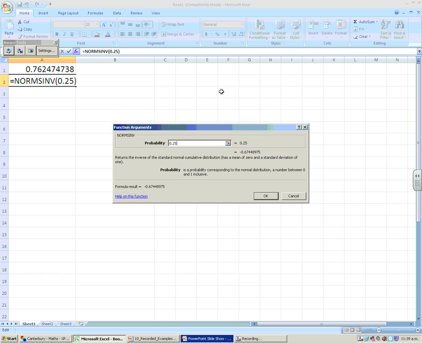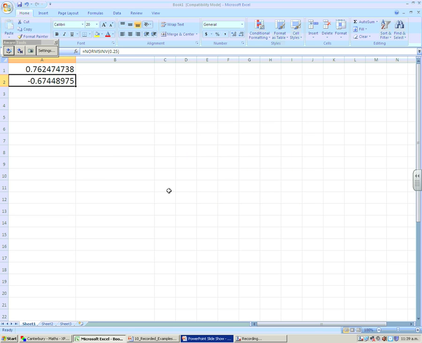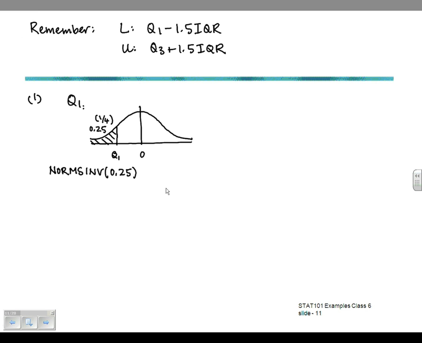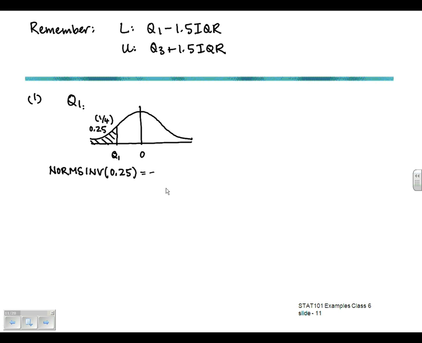When we put 0.25 in there, we get negative 0.674, so we'll use negative 0.6745.